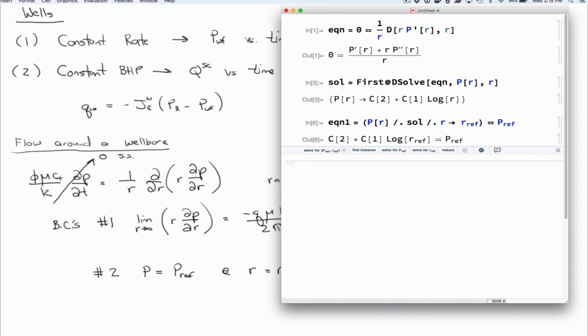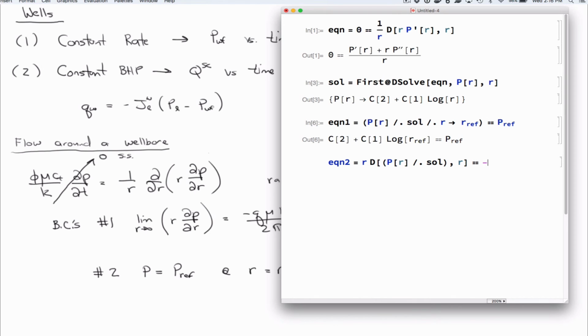So that's one equation. The second equation was we said that the flux, which is like r times p'[r] evaluated from the solution, I don't know if I need these parentheses or not, but that is equal to Darcy's law.